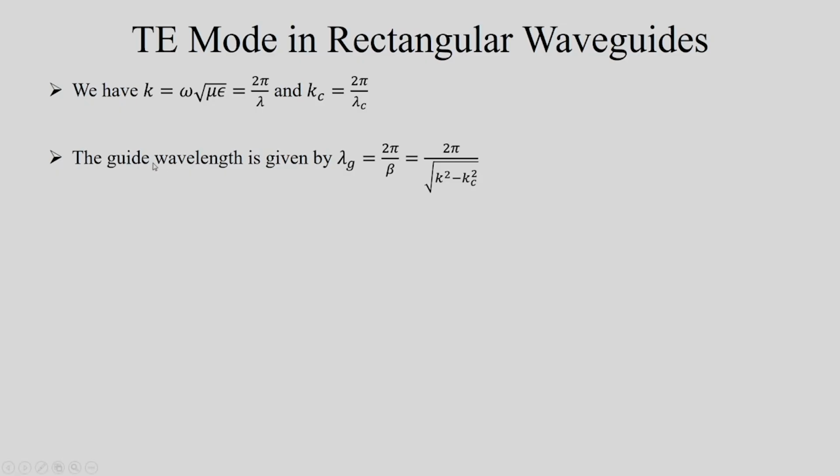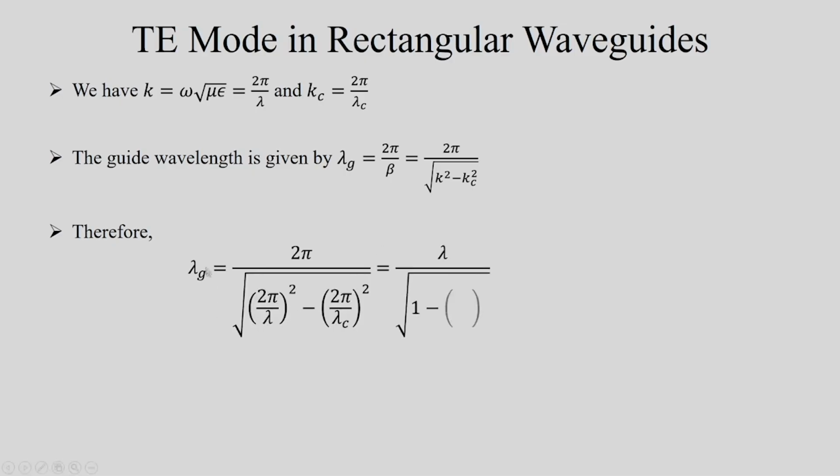This can be seen by considering that the guide wavelength lambda g inside a waveguide for the propagation constant beta is given by 2 pi by beta, where if we substitute beta as root of k square minus kc square, we can write lambda g equal to 2 pi by root of (2 pi by lambda) whole square minus (2 pi by lambda c) whole square.